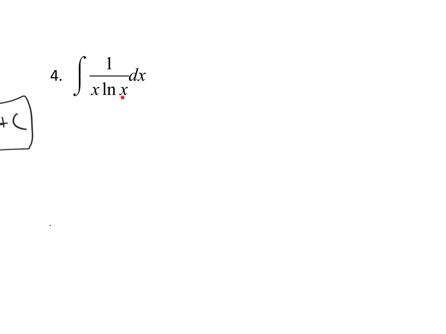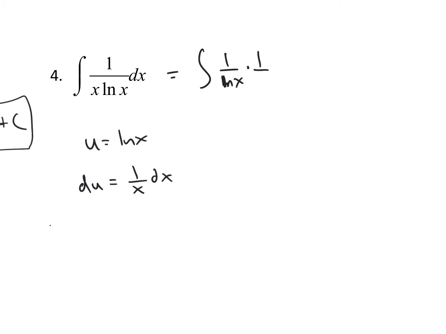But what if I just made natural log of x u? u equals natural log of x. That would give me the derivative, which is 1 over x. And another way to write this would be 1 over natural log of x times 1 over x dx. Hey, that's what I have here.